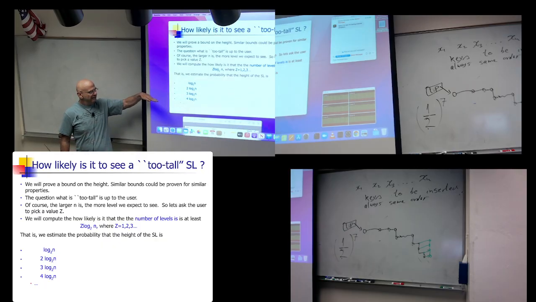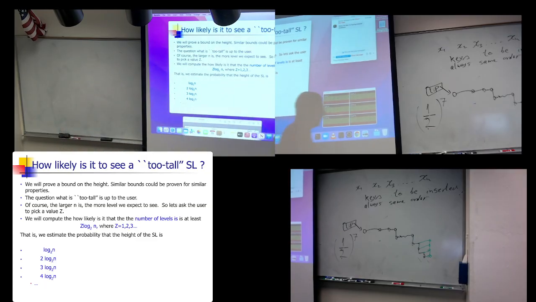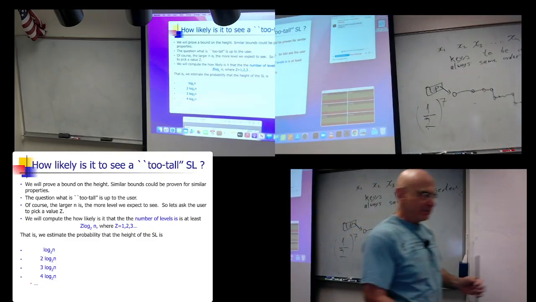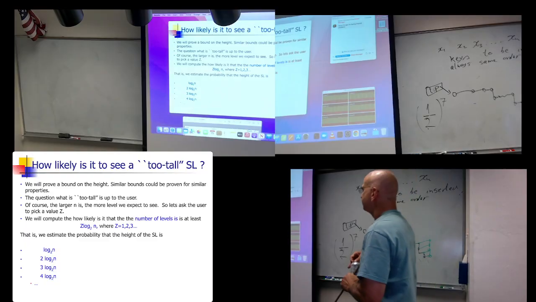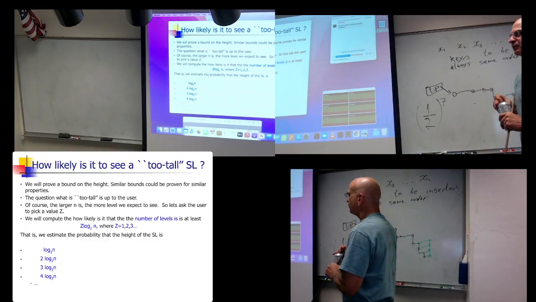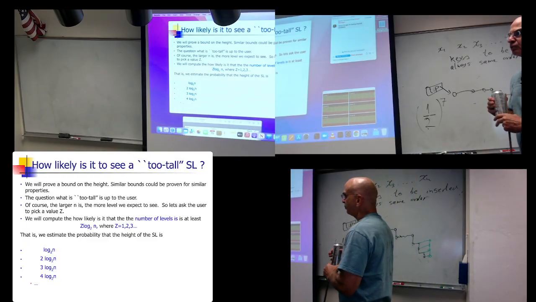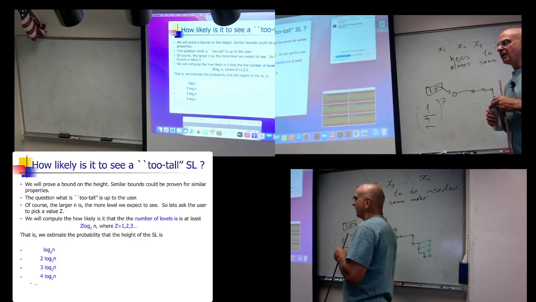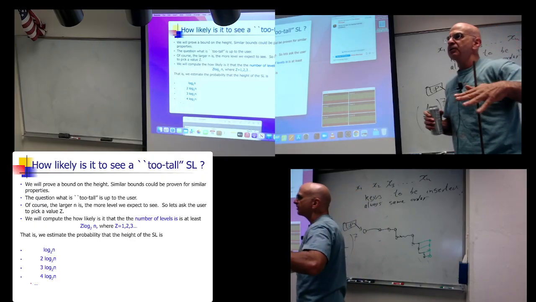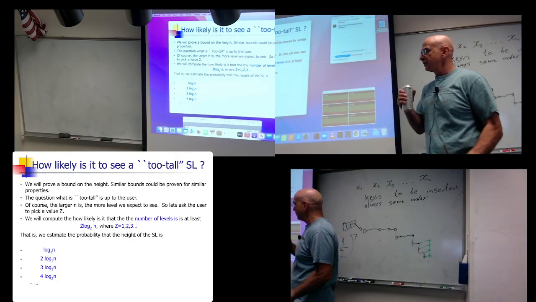I'm saying we have exactly n keys in level 1, and n over 2, n over 4, n over 8, etc. And at some point I'm running out of elements, and presumably it happens after log n many levels. And you all feel the right intuition, but I need to give you a concrete bound on how likely it is that you'll see many more levels, many more than log n.